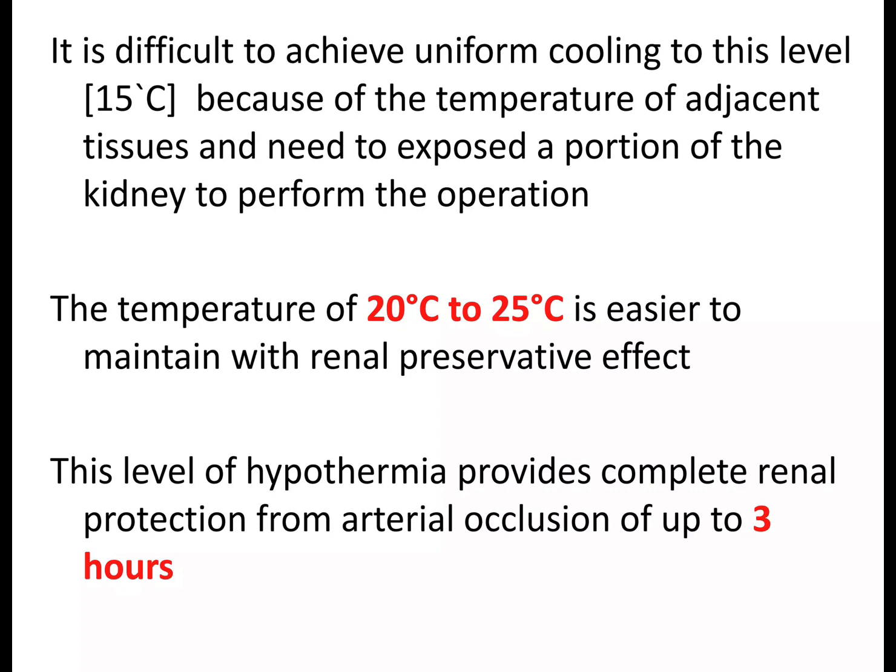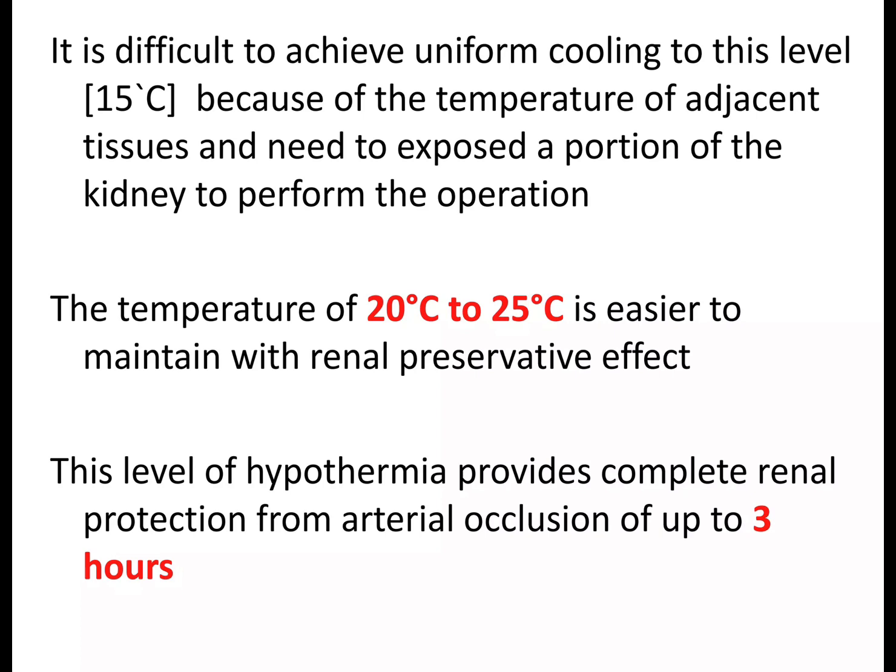So it is difficult to achieve uniform cooling to this level because of the temperature of adjacent tissue and the need to expose a portion of the kidney to perform the operation. This temperature of 20 to 25 centigrade is easier to maintain with renal preservative effect, and this level of hypothermia provides complete renal protection from renal arterial occlusion for up to 3 hours.